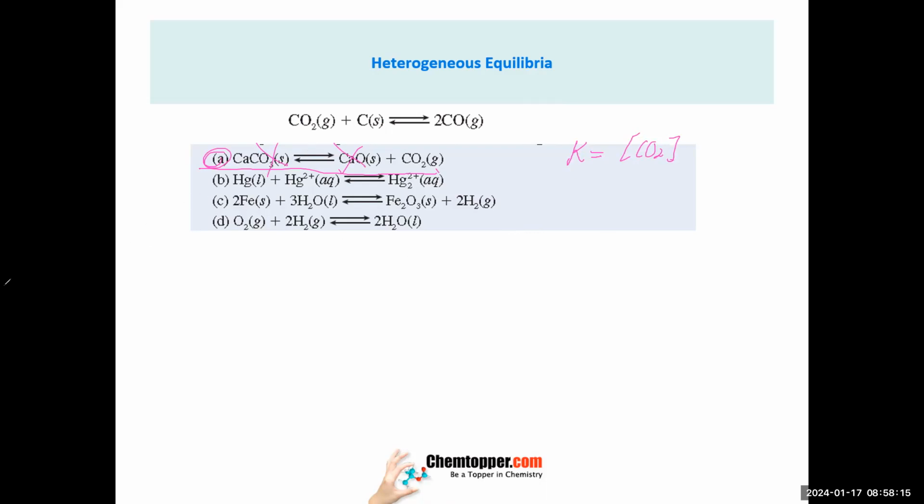Okay, ready for B? You're not going to include liquids. No liquids. This concentration is unity. Include this only. This is slightly difficult to type, so I'm writing here: Hg2 2+ divided by Hg 2+. This is K. Do not include this.